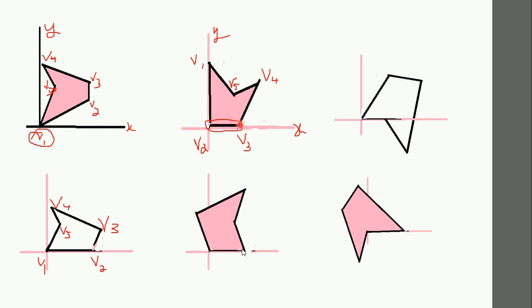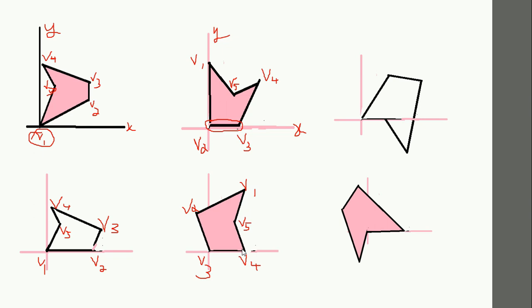Let me take v3 and I'll start rotating the polygon now. So what happens, v3 is over the origin, and you have next v4, v5, v1 and v2.